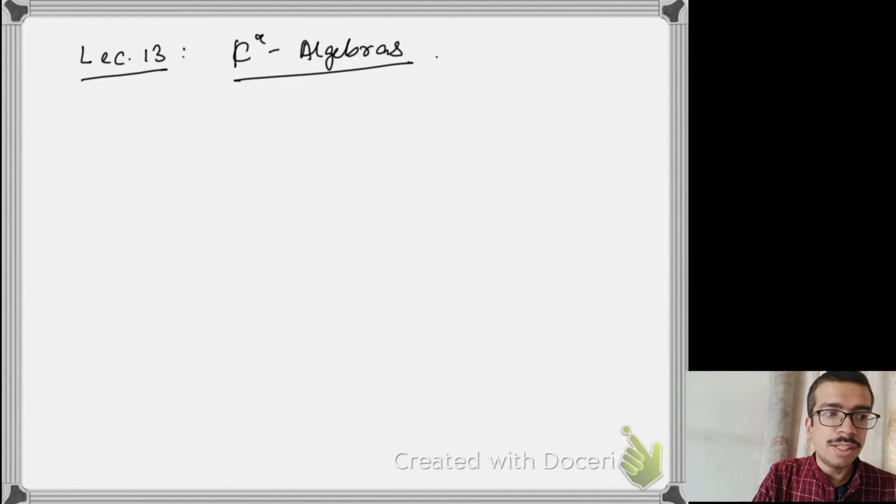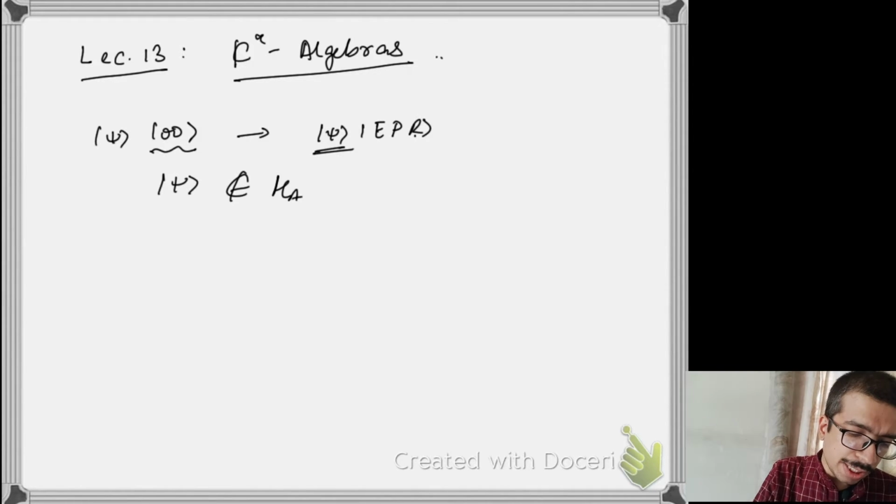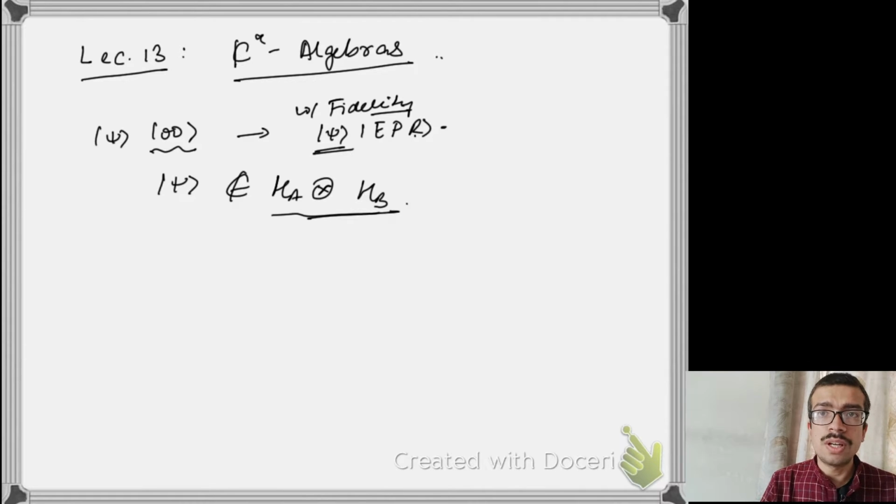So in the last lecture we saw that if we want to perfectly embezzle an EPR pair starting from 0 to EPR, and if I am allowed to use some catalyst psi, then a psi which is of the form HA tensor HP does not work as a perfect catalyst, right? Because we want to achieve this with fidelity 1, and we saw that no state in the tensor product structure works for us.